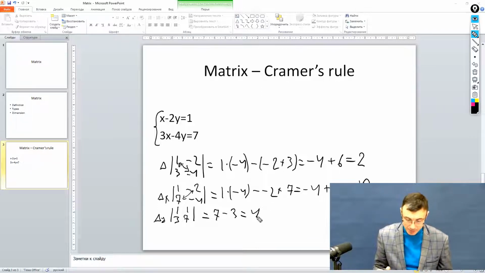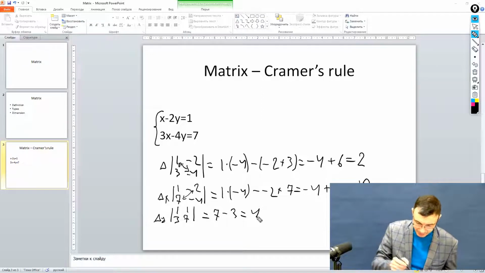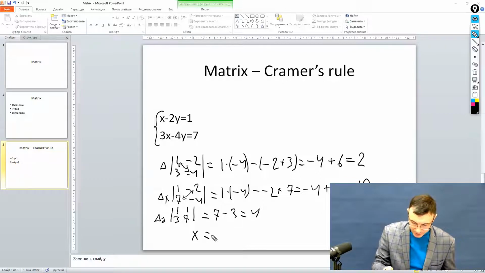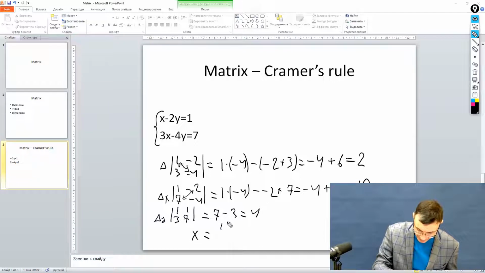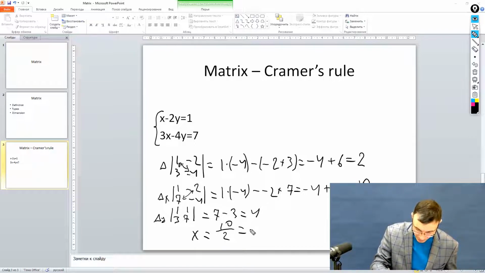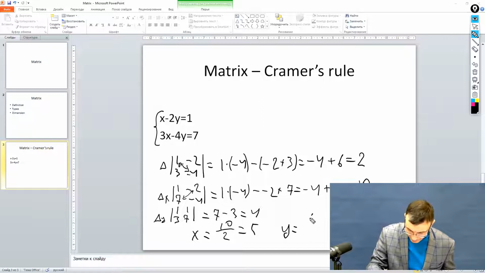After this, we define our unknown x as the determinant calculated for x, 10, divided by the main determinant 2, and it will go to 5. And y will be the determinant of y divided by the determinant of the matrix.